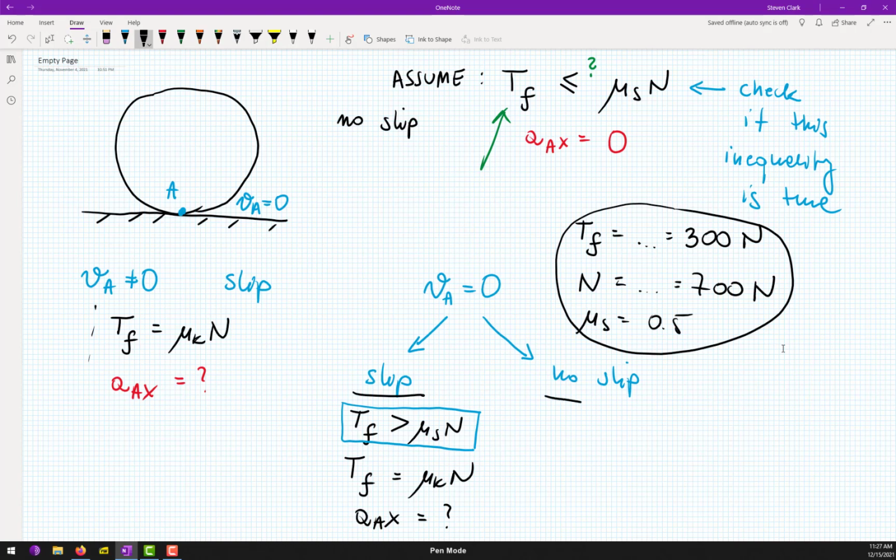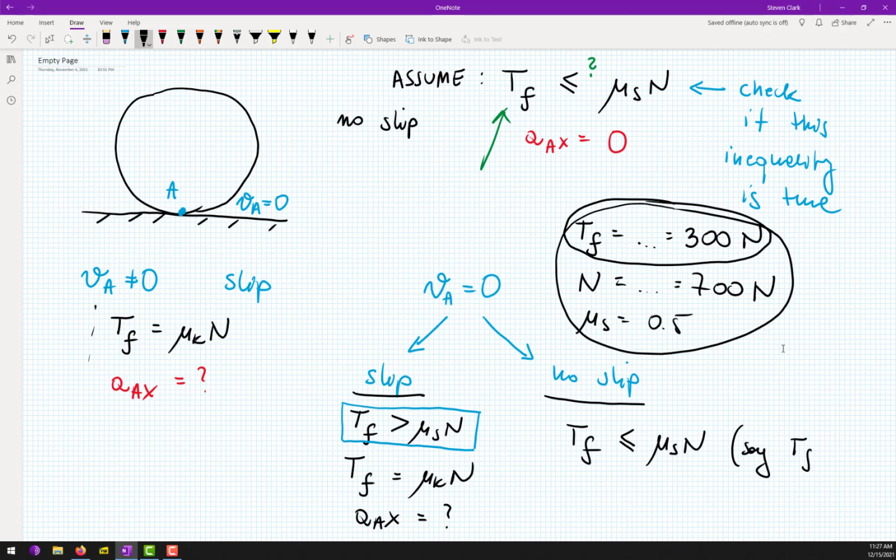Indeed, we will have no sleep in our system. And then TF is basically somewhere below mu Sn, but we actually found it. It's 300. So TF will be 300 newtons.